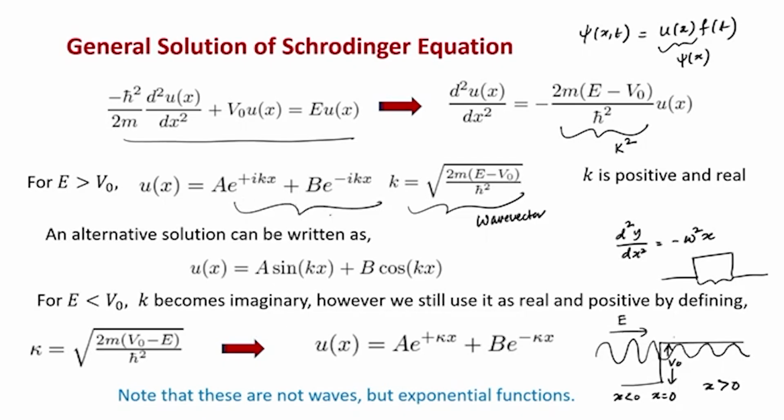These are called oscillatory solutions, and these are also oscillatory, but oscillatory in some confined region of space, because in this the argument of sine or cos, you cannot talk about that being equal to infinity and so on. Okay. Now, let me complete one thing before I go on to E less than V0.